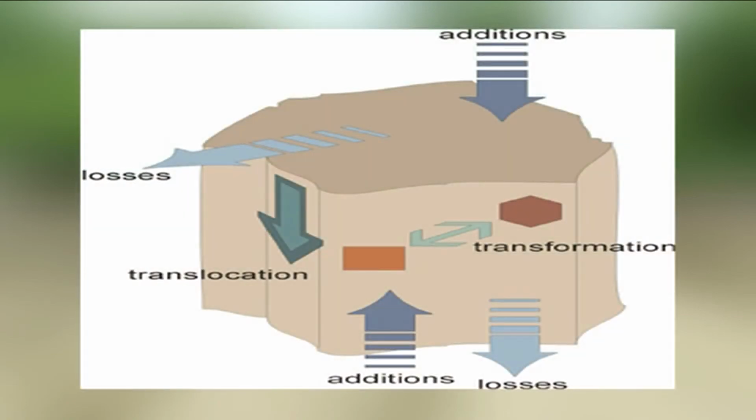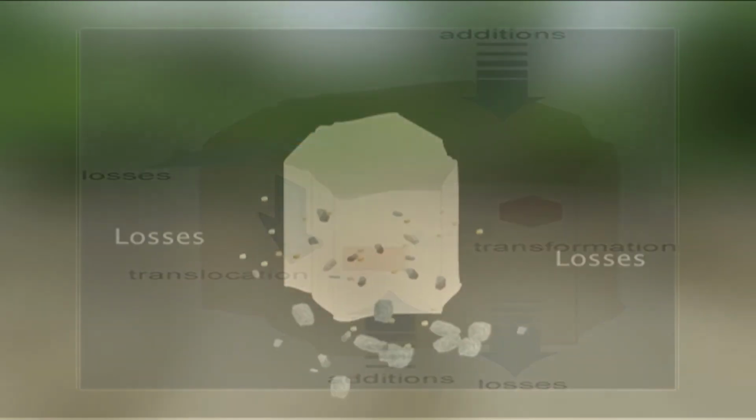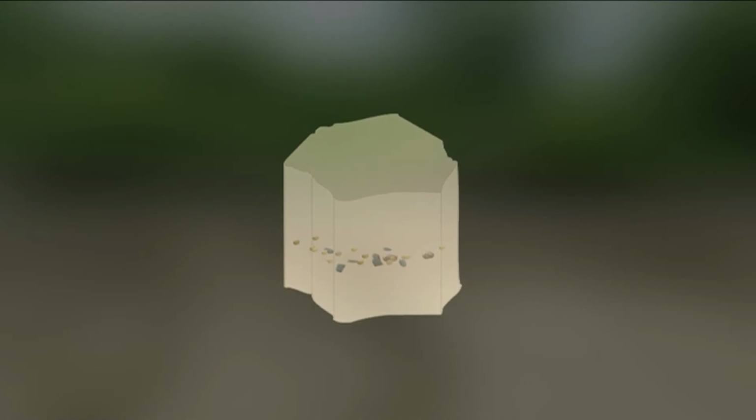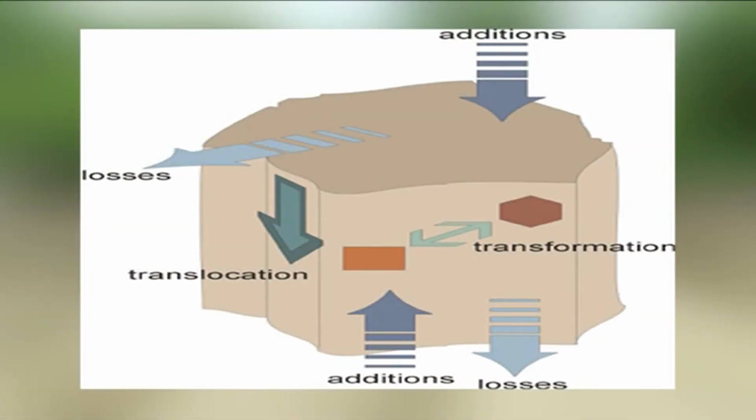And if you look at the important changes, these include addition of organic matter, losses of materials due to leaching, then translocation of clays and dissolved materials from one horizon to the other, transformation within horizons.